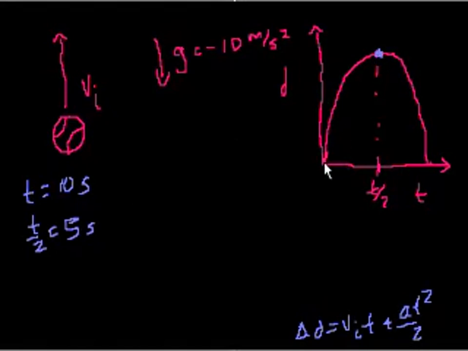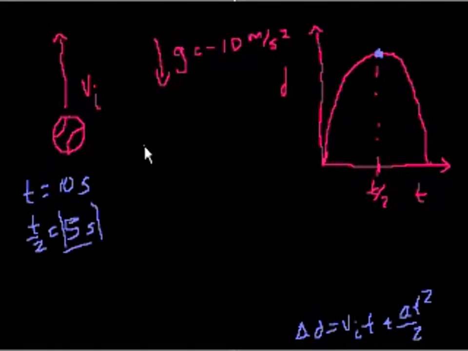It decelerated, hit 0, and right before it started reaccelerating downwards, its velocity was 0. So what can we use, given that the ball decelerated from my initial velocity to 0 in 5 seconds? What does that tell us?